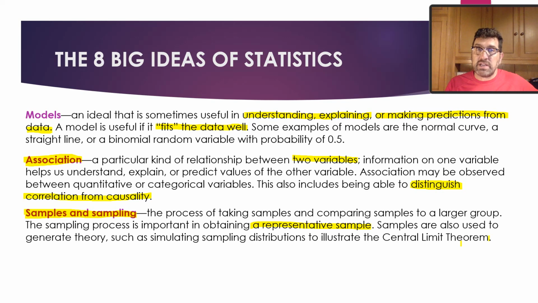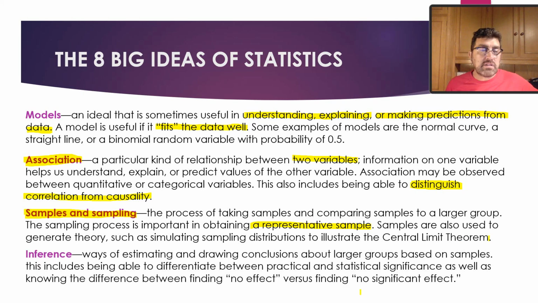And then lastly, the 8th big idea is inference. Ways of estimating and drawing conclusions about larger groups based on samples. So what are the conclusions you can draw from the samples, from the population or the sample that you investigated?